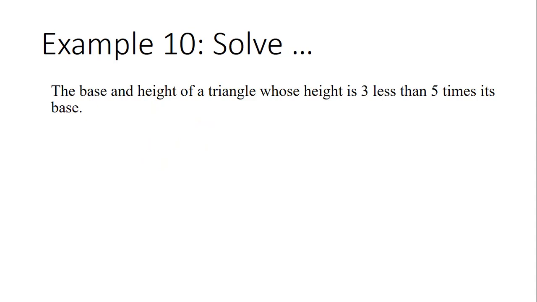So our variables are B and H. And it says H is 3 less, which means that 3 has to be negative, and we have to be multiplying something by 5. So H is 5B minus 3. The multiplication happens before the subtraction, right?